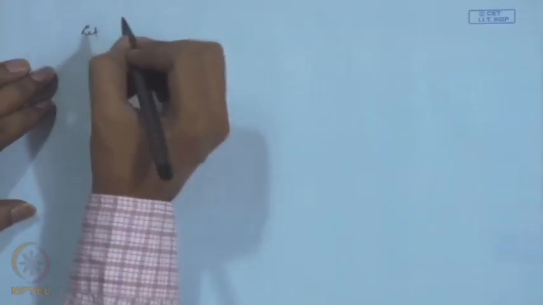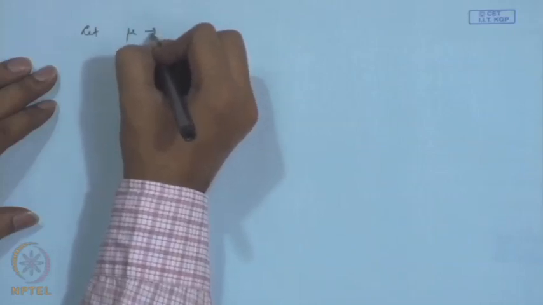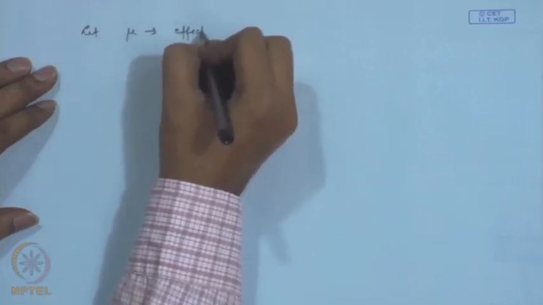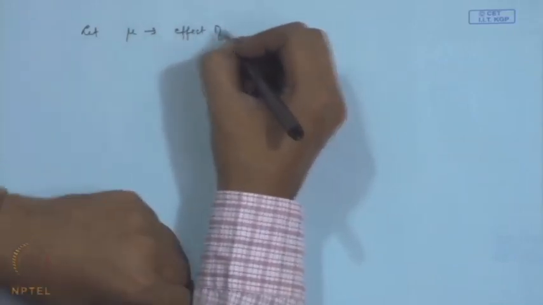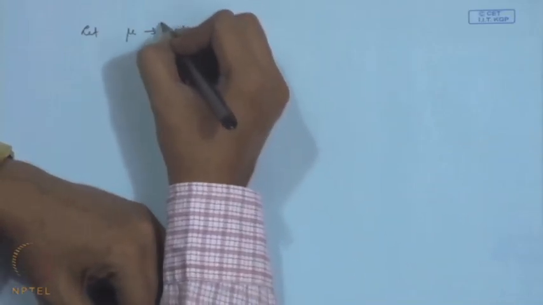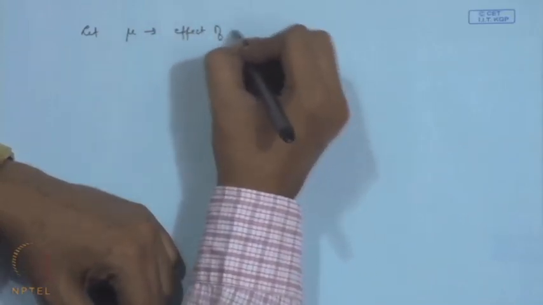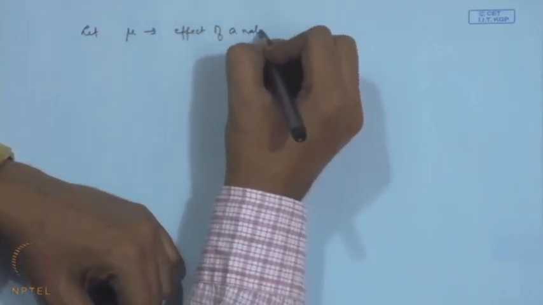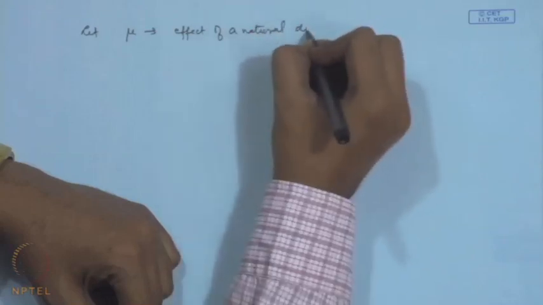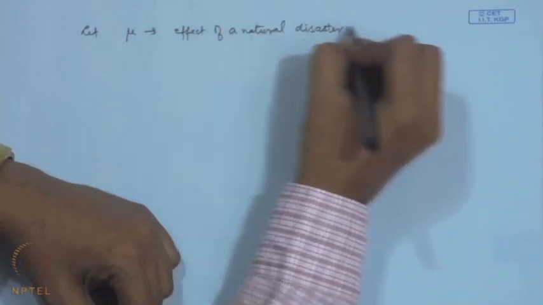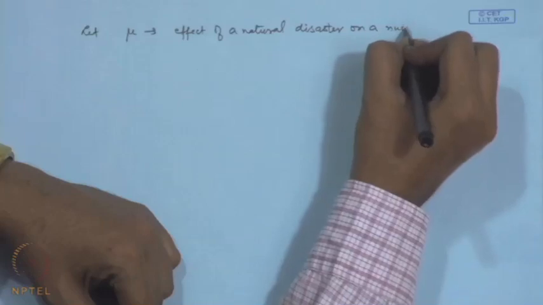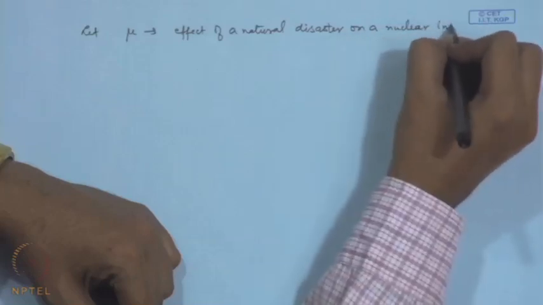Let us say mu denotes the effect of a natural disaster on a nuclear installation, measured in terms of power.